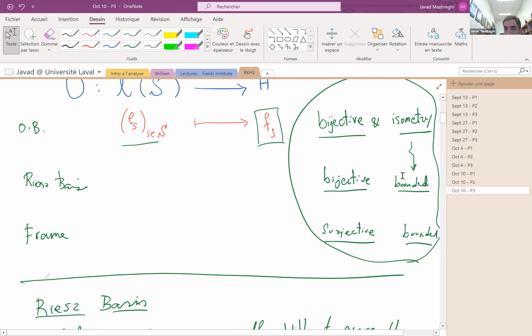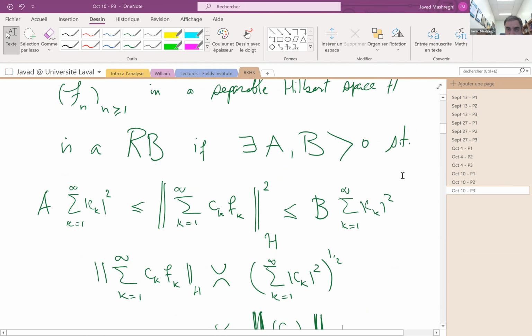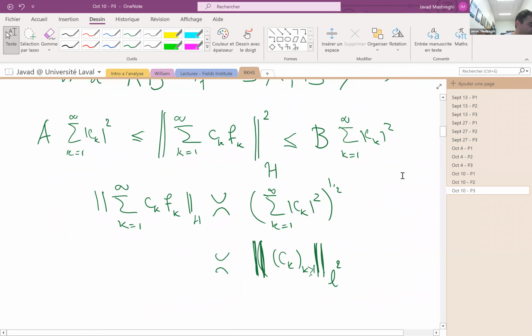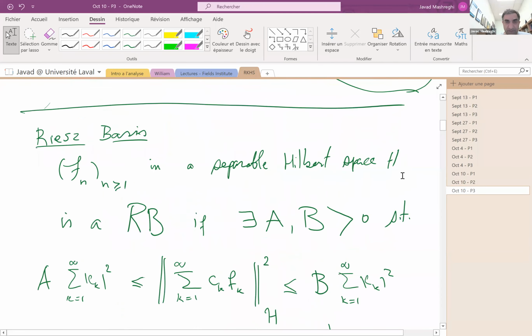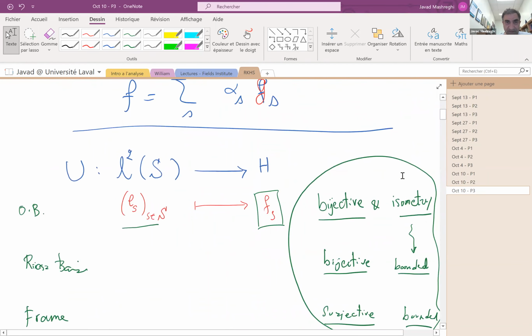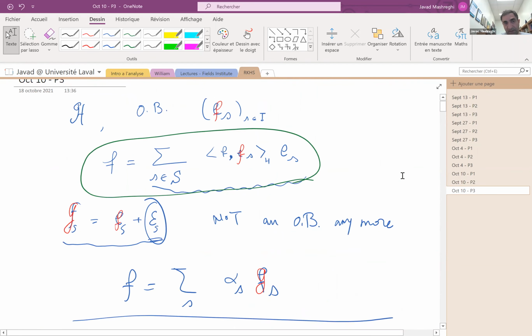These are the same, but to prove they are the same, you need to study more about this. In the orthonormal basis case, we had this representation: F equals the sum of F inner product with Fs times Fs.